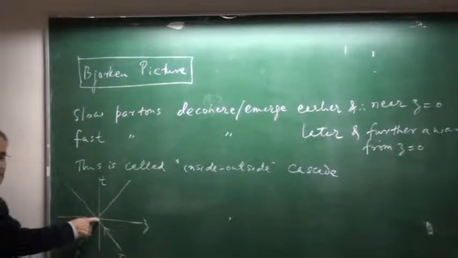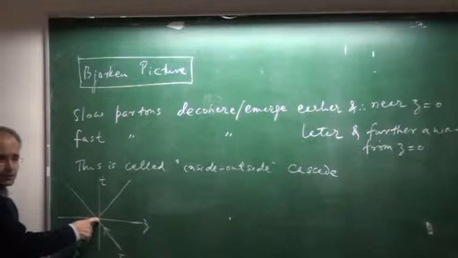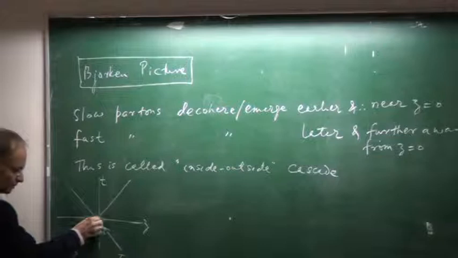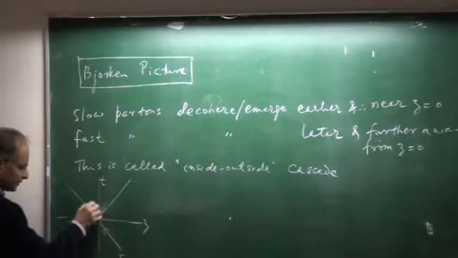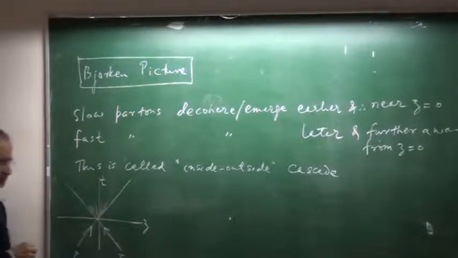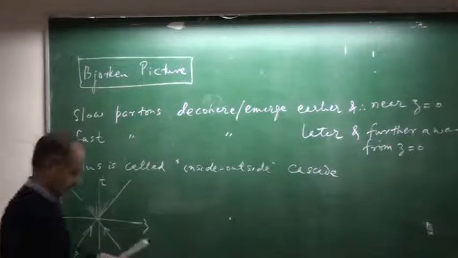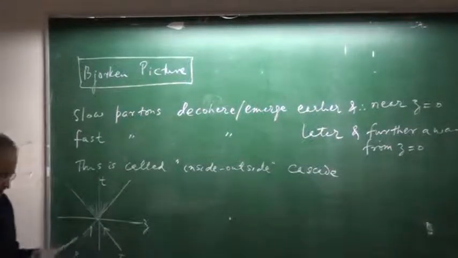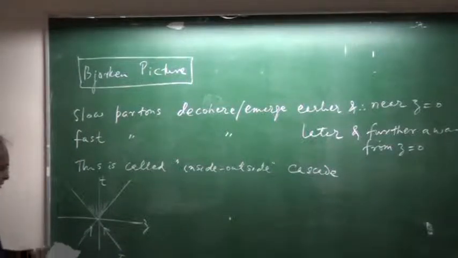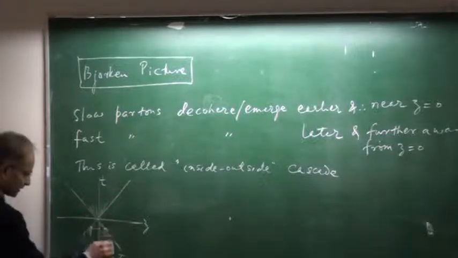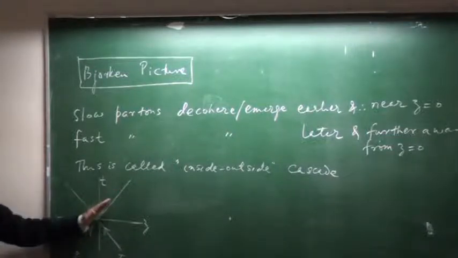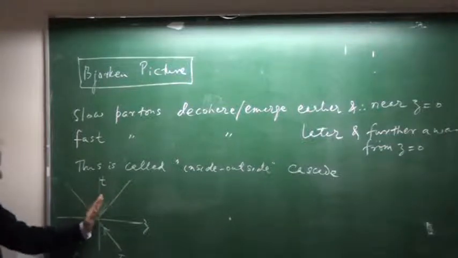The collision happens at time t equal to 0 and z equal to 0. After the collision they travel along various paths. The fastest partons continue to move more or less along their original directions, this way and this way, and the slower ones are successively inside.